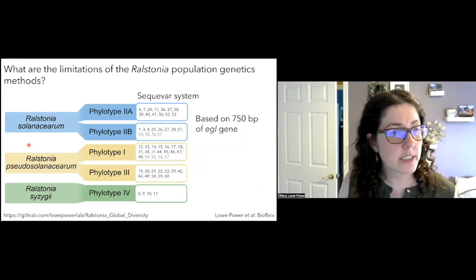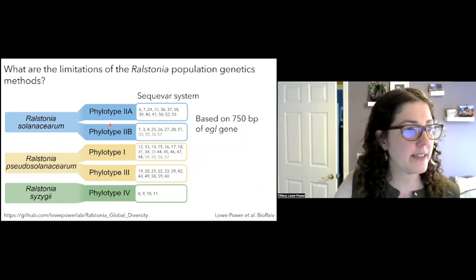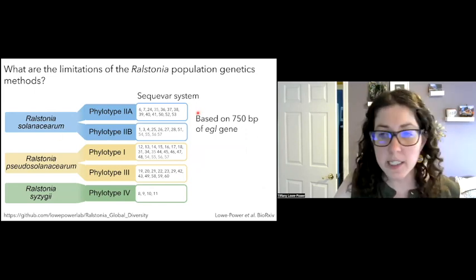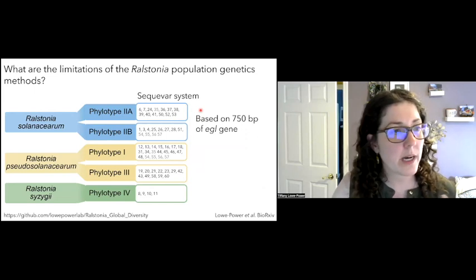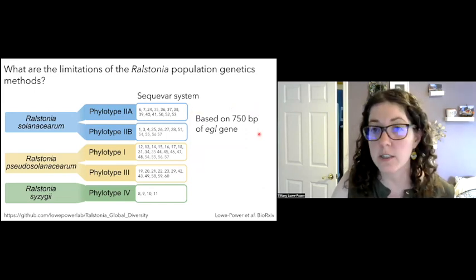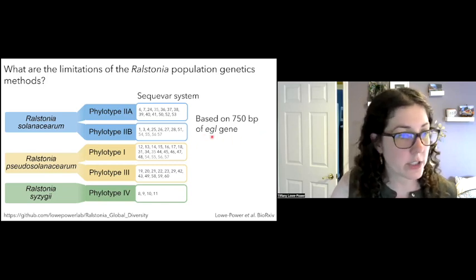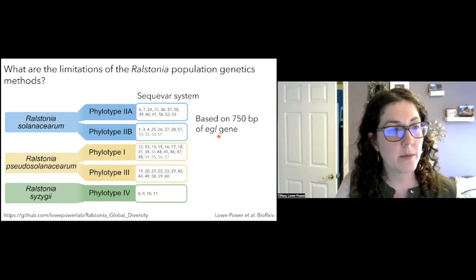So the sequevar system has a lot of strengths, but like any other tool, it is subject to bias and downsides. And I was curious about these. I knew that this was a tool based on the DNA sequence of a single genetic marker. It's a virulence gene that is conserved in Ralstonia. It's one gene.